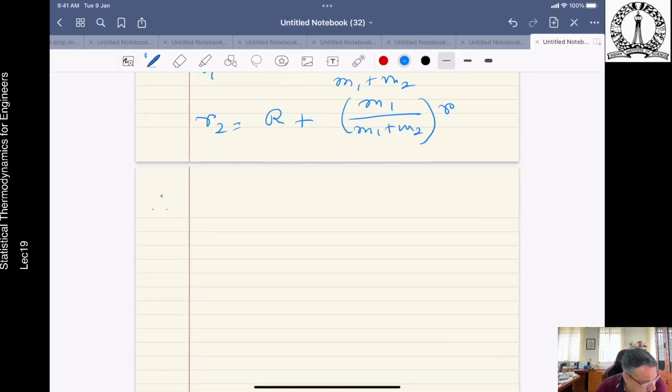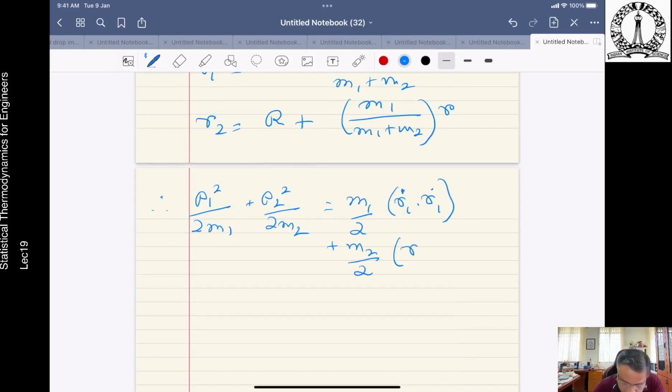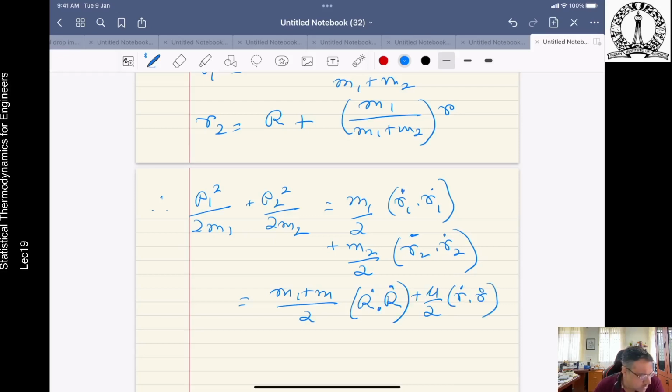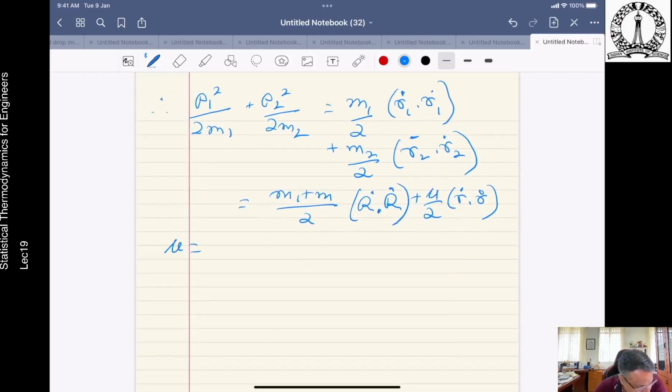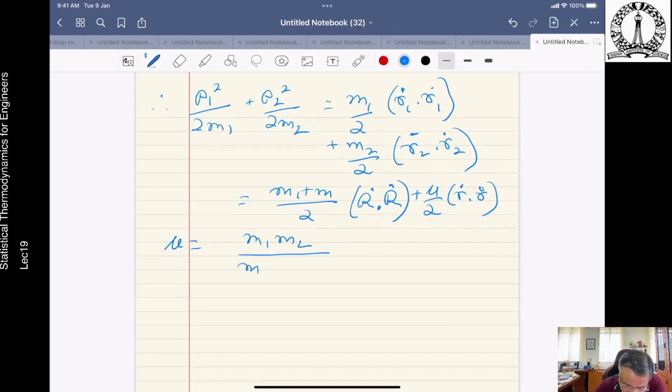Right. Therefore, P1 square by 2M1 plus P2 square by 2M2 is given as M1 by 2 into R1 dot into R1 dot plus M2 by 2 into R2 dot into R2 dot, which is equal to M1 plus M2 by 2 into R dot into R dot plus mu by 2 into small r dot into small r dot, where mu is equal to M1 into M2 divided by M1 plus M2, which is basically nothing but the reduced mass.